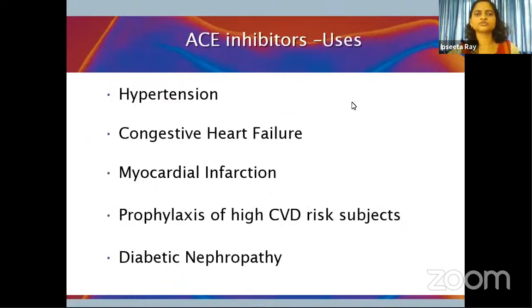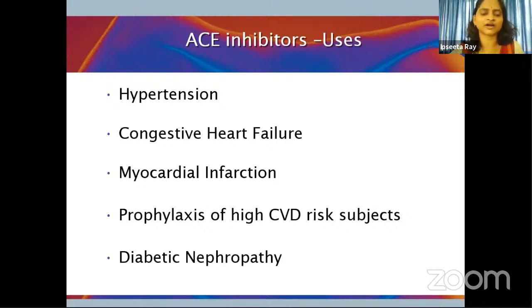Now coming to the uses of the ACE inhibitors. Hypertension, which we already discussed, and congestive cardiac failure. Now they have become very promising drugs. They are mainly indicated because they also reduce the progression of the disease. We'll discuss this in detail later on.